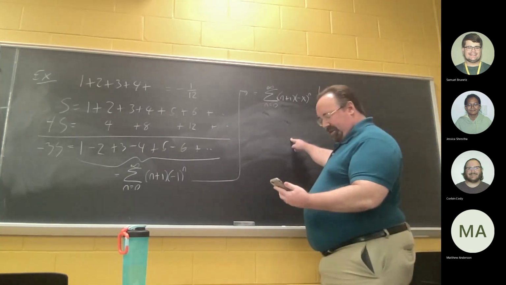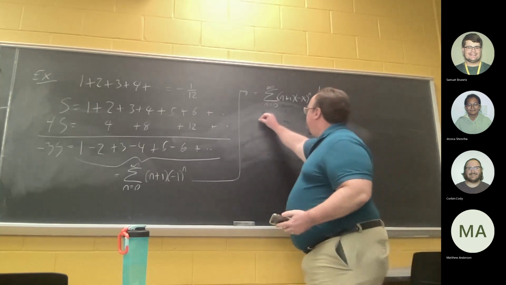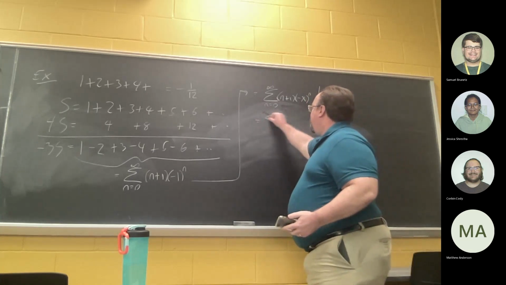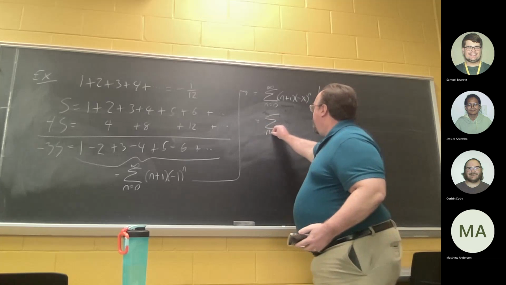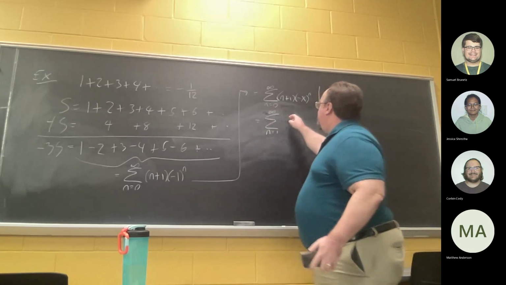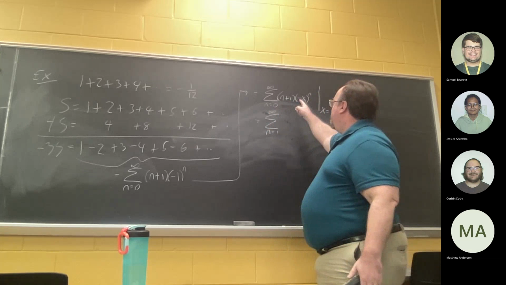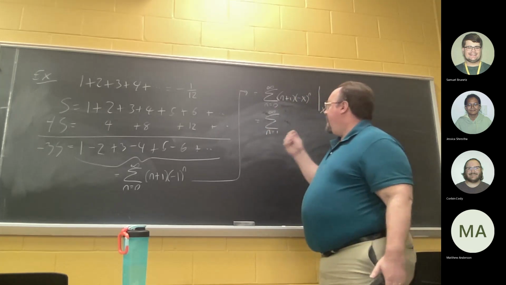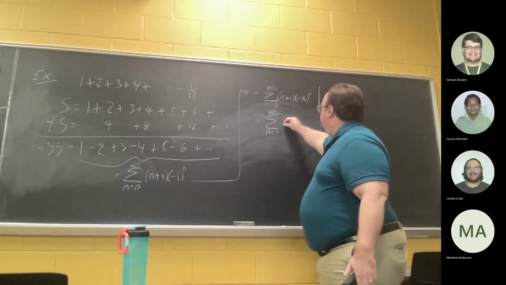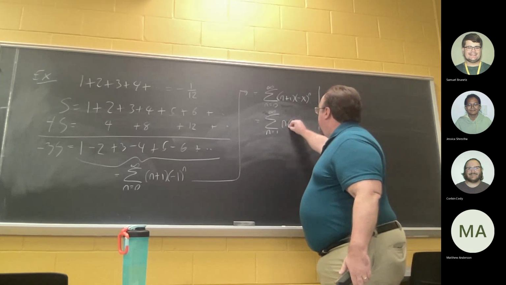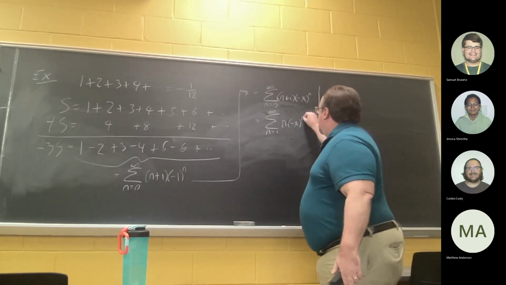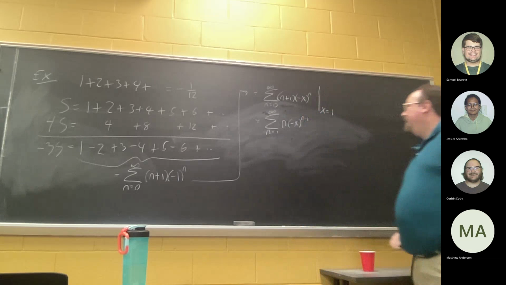What I'll do is write this a little differently. I'm going to do an index shift. I'm going to start n off at 1. But that means wherever we see n in here, I have to replace it with n minus 1. So this would be n times minus x to the n minus 1.